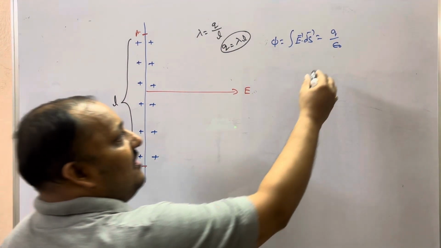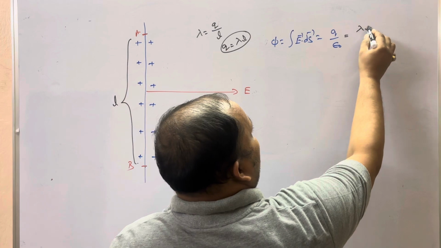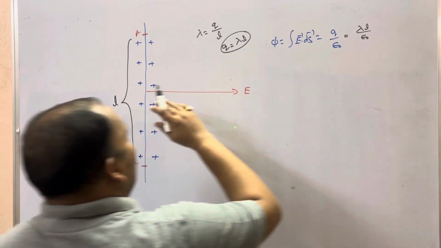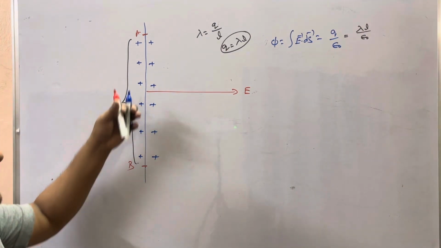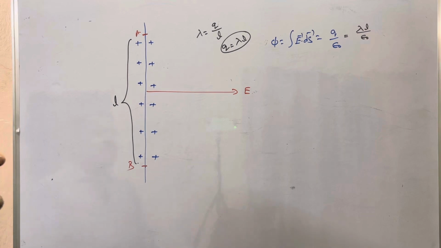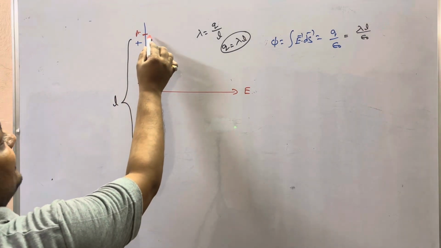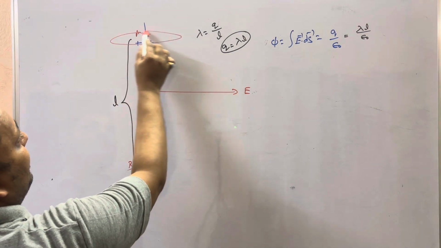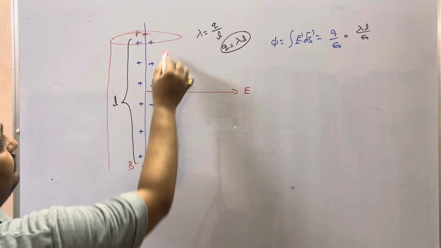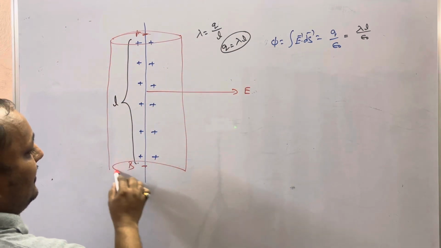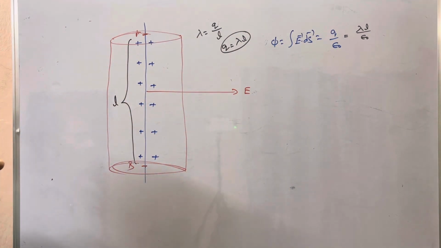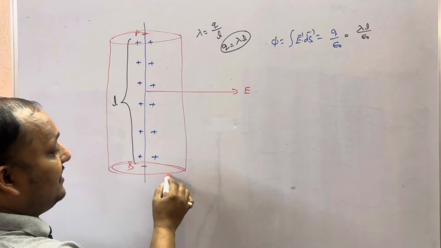At that time, this formula can be written as lambda L by epsilon naught. But how are we going to close this? To close this wire, we require a cylindrical shape.